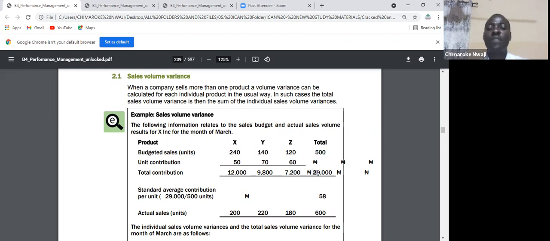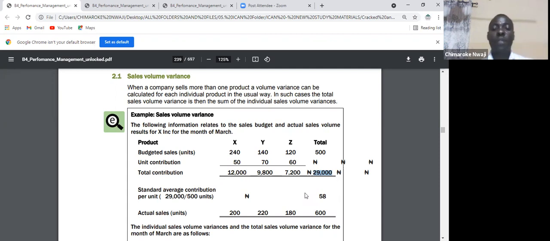So what is the average? Now it's called average because we are leveling everything together. Average contribution per unit is 29,000 divided by 500. That will give us 58 naira. So that is our average contribution per unit.